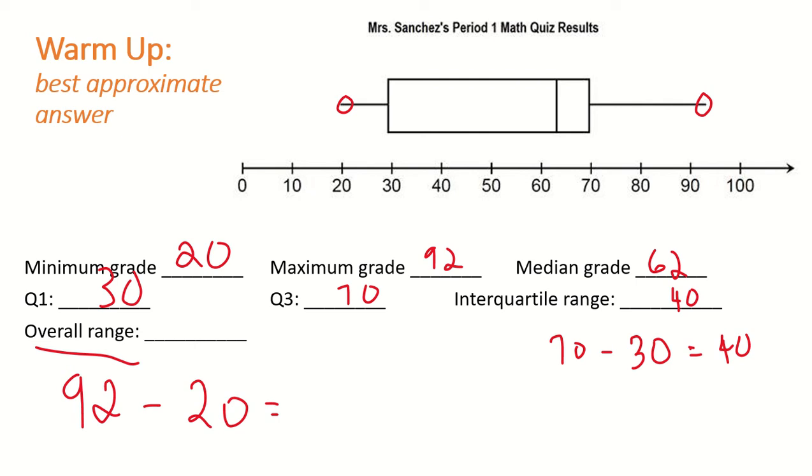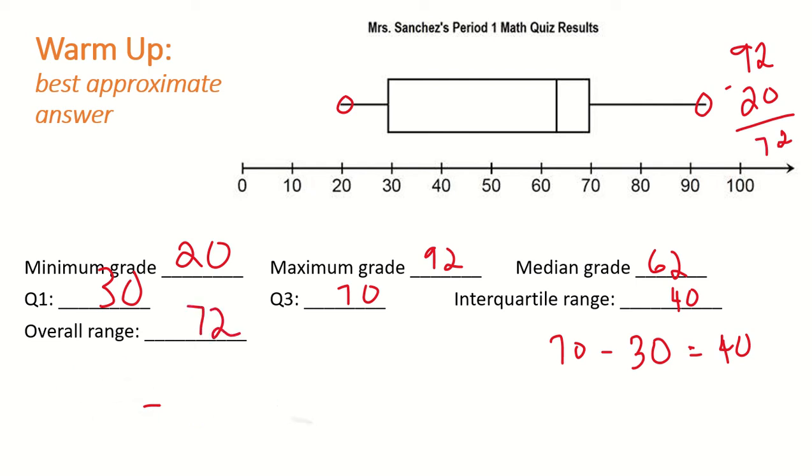So that is a difference of, well, 92 minus 20 is going to be 72. And there you go. That's how you pull out all this information.